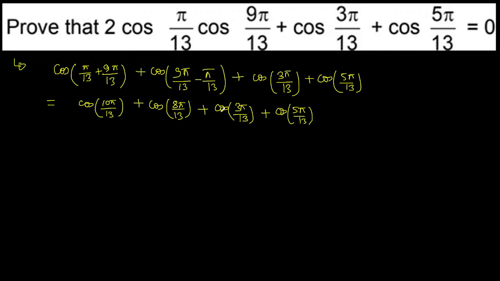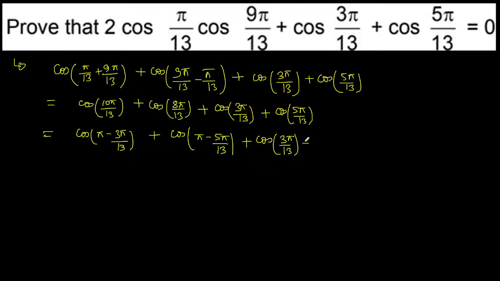So 10 plus 3, if you consider, this is nothing but pi minus 3 pi by 13, and this is cos pi minus 5 pi by 13, and this is cos 3 pi by 13 plus cos 5 pi by 13.